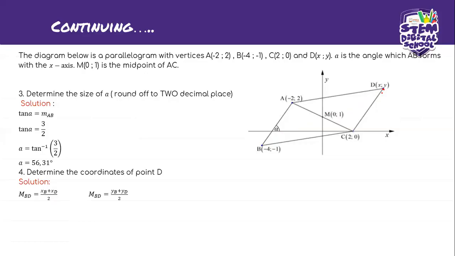In order for us to determine the coordinates of point D, we are going to utilize the diagonals of the parallelogram. The midpoint of AC is M, right? Then we must have another diagonal line from point B that will pass through this point M until it reaches point D here.